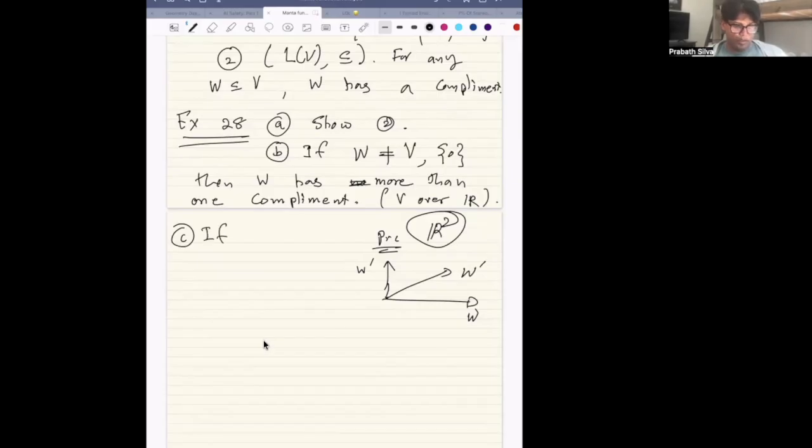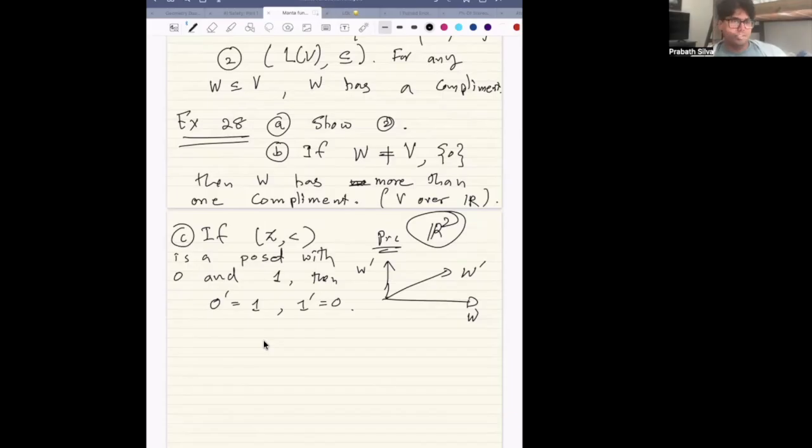If L is a poset with 0 and 1, then the complement of 0 is 1 and the complement of 1 is 0. So what I'm trying to say here is I'm using this notation, 0 complement, 0 dash, and by writing it I'm saying that that's unique.